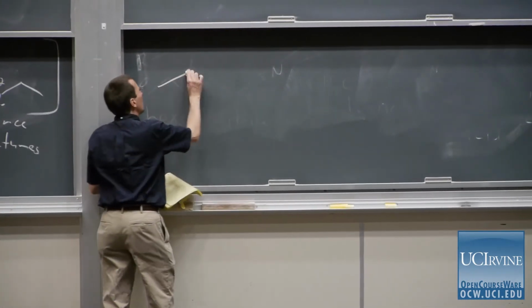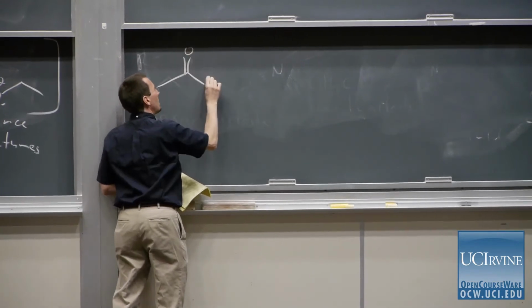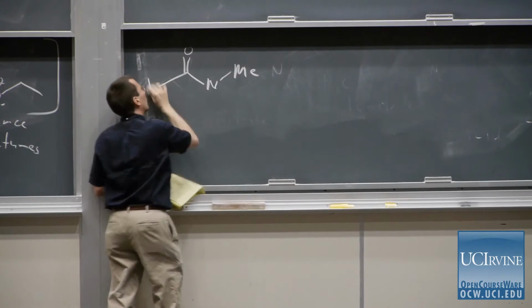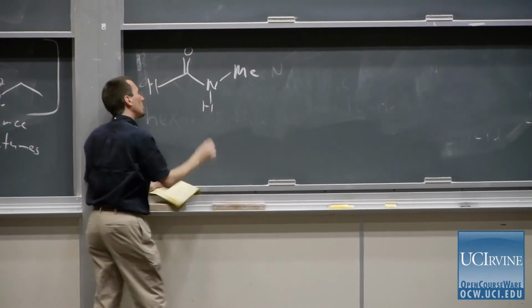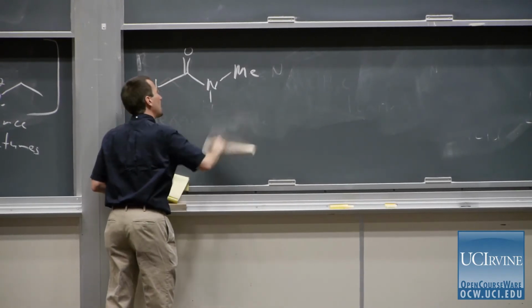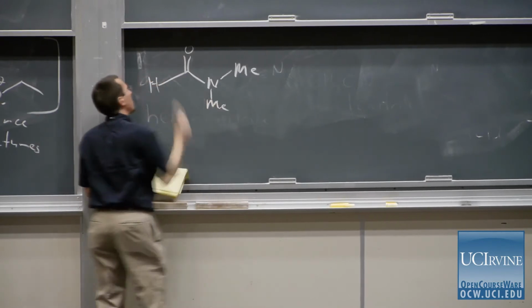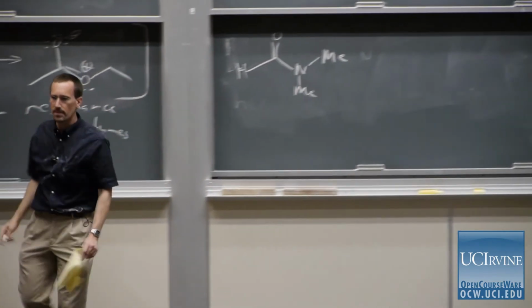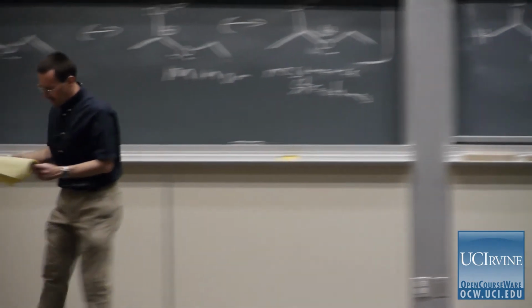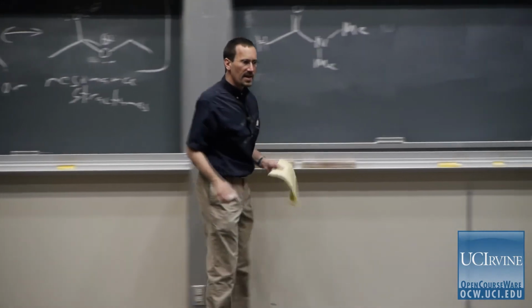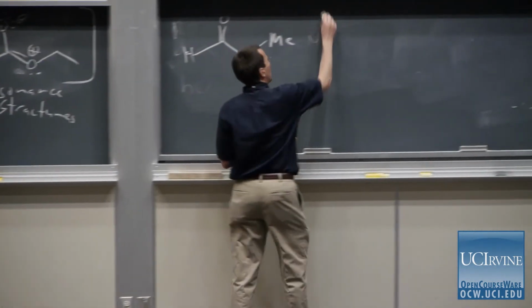Now, dimethyl formamide, of course, doesn't have hydrogen bonding. You don't have any hydrogens on nitrogen. And so dimethyl formamide can't participate in hydrogen bonding, and yet it too is much higher boiling than ethyl acetate.